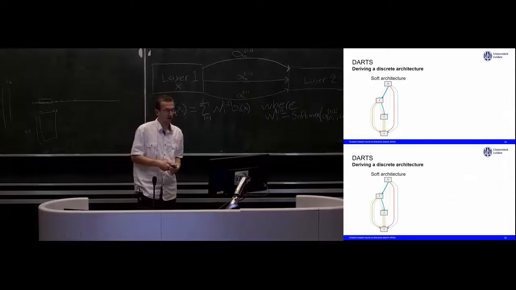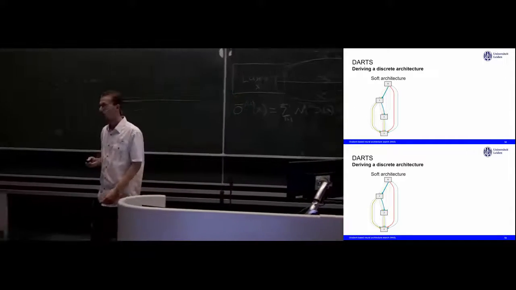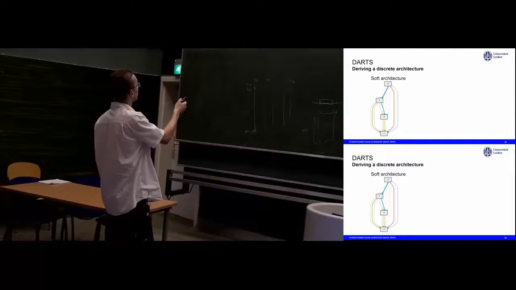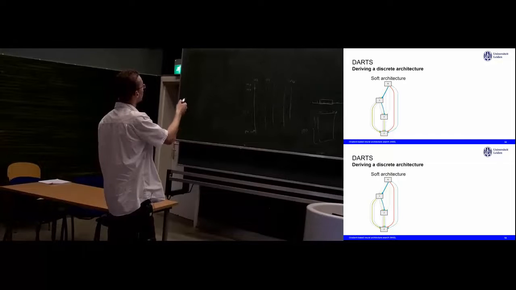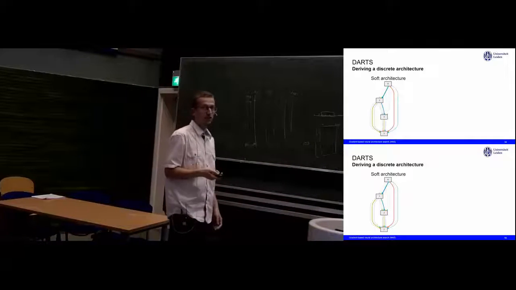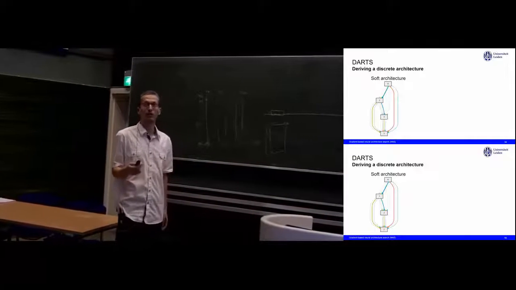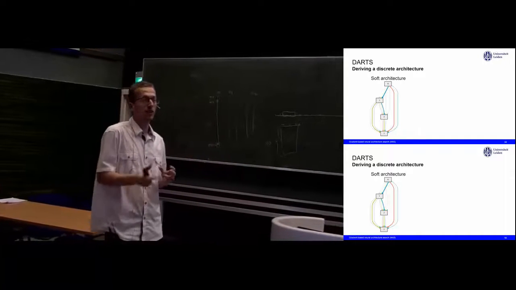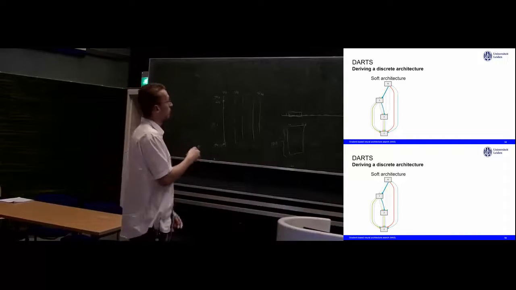All right, so now lastly, what we end up with in DARTS is a soft architecture. So we're going to have this graph where we have different strengths of using these different operations. But in some cases, it's beneficial to actually have a discrete architecture, to know which operations we actually want to use, rather than how much we want to use the different operations.